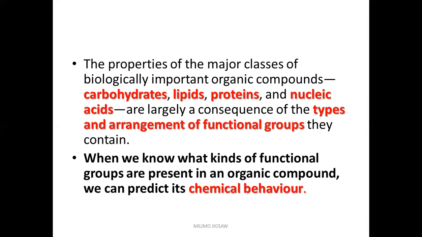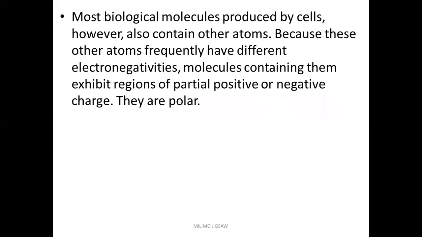So if we know the functional groups that a compound contains, this is very important. If we know the functional group that a compound contains, we are able to predict and know how it's going to behave. So we are able to predict its chemical and also physical properties.